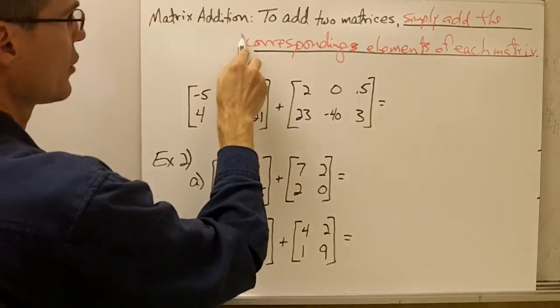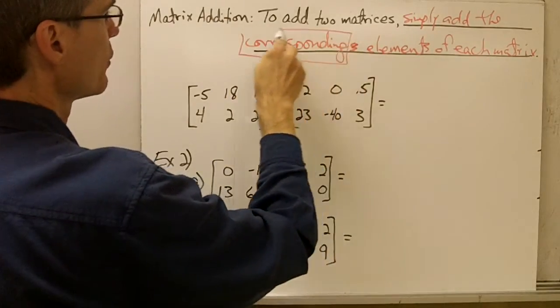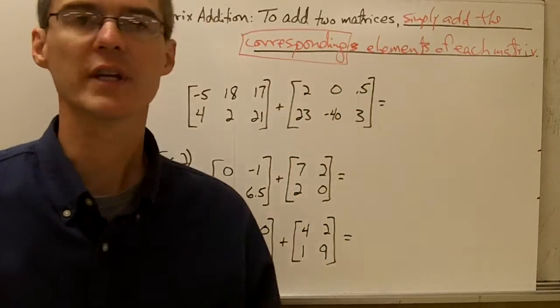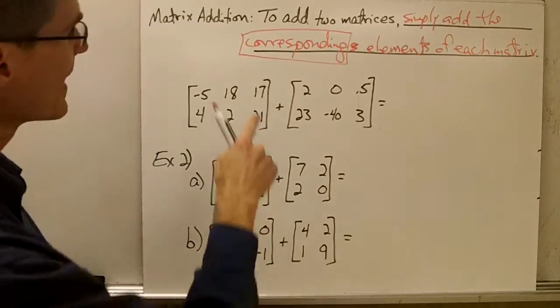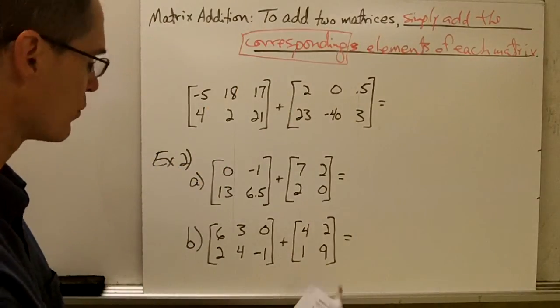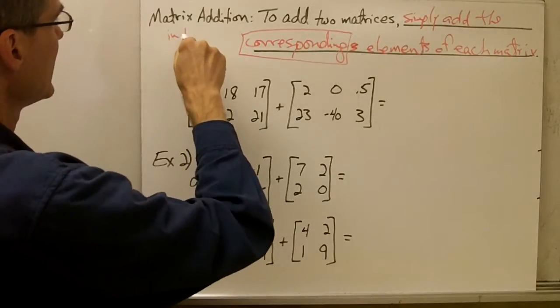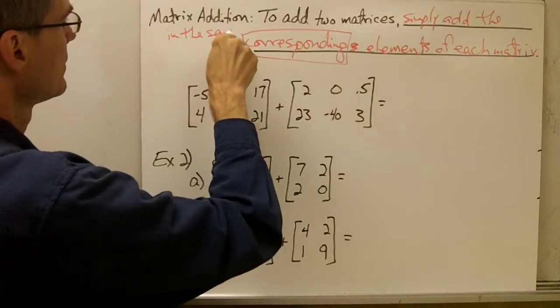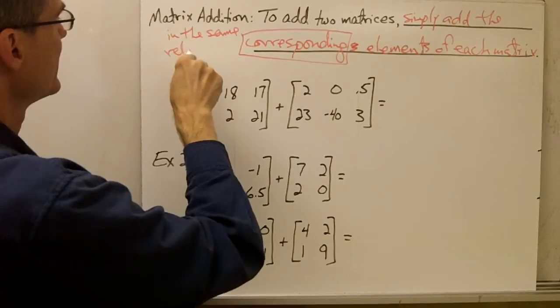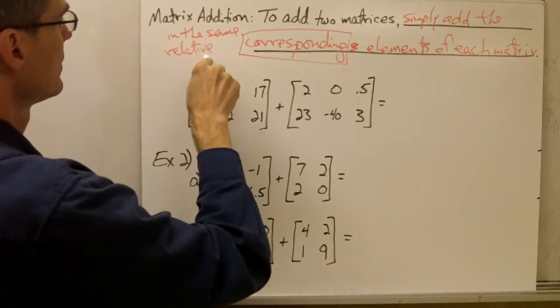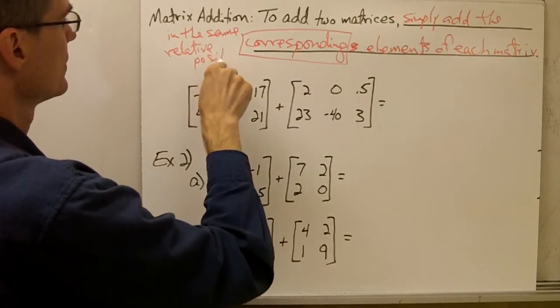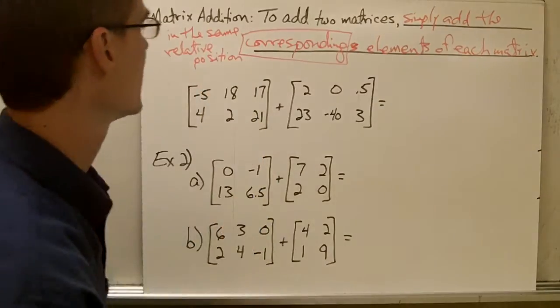And now this word here, corresponding, this is a word that we're going to see over and over again throughout the course. Corresponding is just a fancy word that means in the same relative position. And I'll show you what I mean by that.